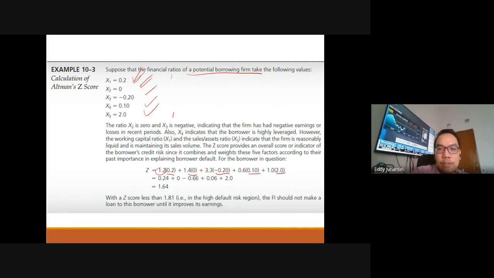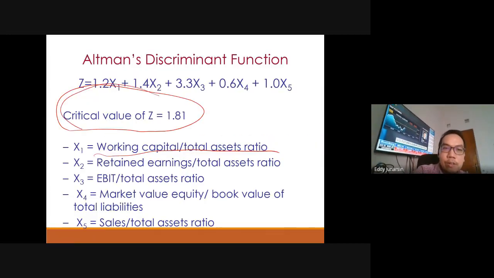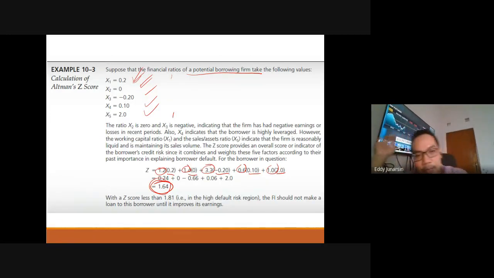And again, the coefficients here are based on Altman's research. Again, almost every decade, Altman and his successors would find adjusted coefficients. They would make adjustments from time to time. Okay, so 1.64, what do you think here? The critical value of the z-score is 1.81. So if we find a company having a z-score of 1.64, what do you think? Safe or not safe?